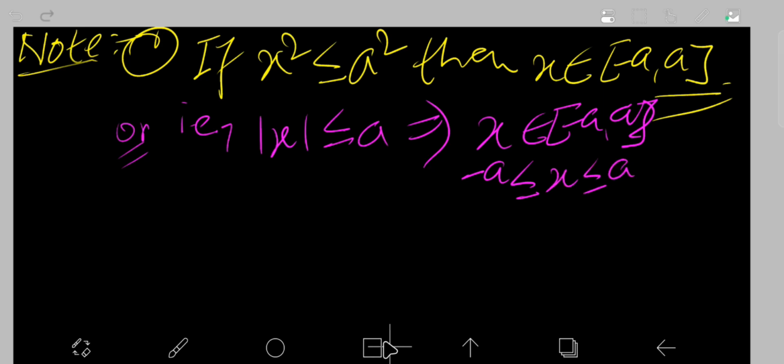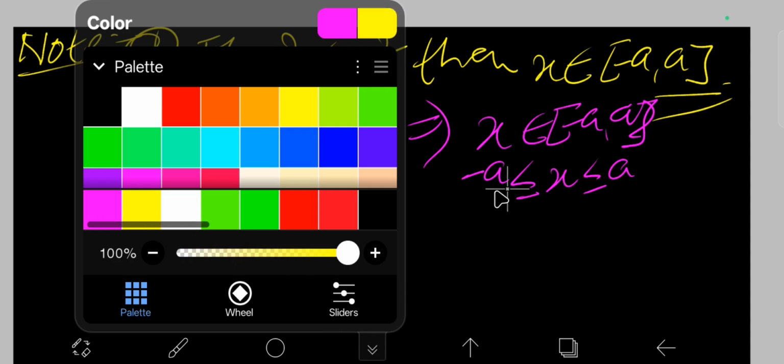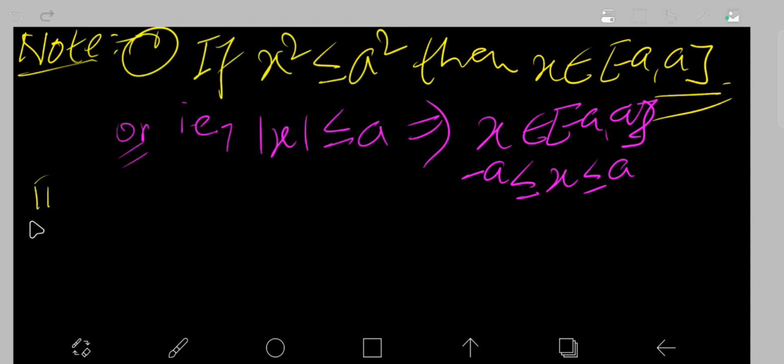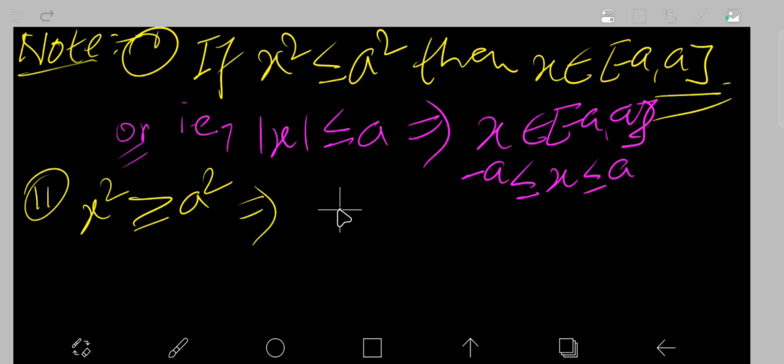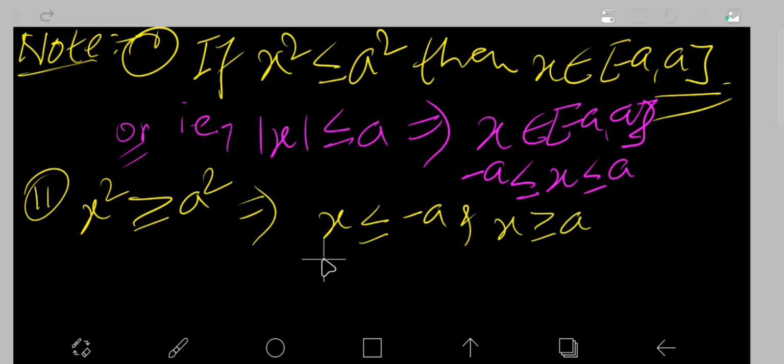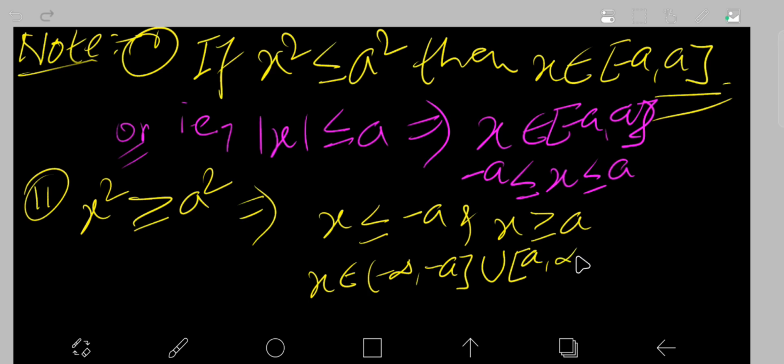And in the other note, if x square is greater than a square, then this gives x is less than or equal to minus a and x is greater than or equal to a. This means x belongs to minus infinity to minus a closed, union a to infinity.